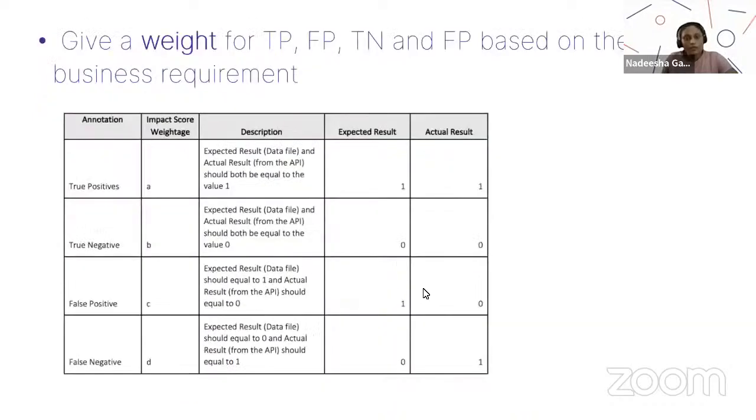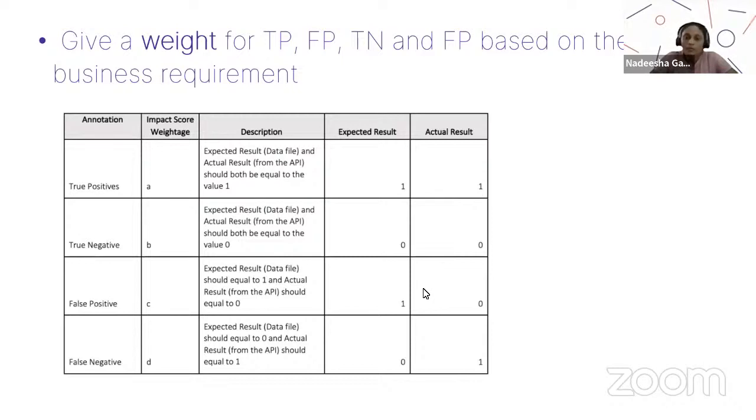I will tell you one way that we can do the analysis. When you look at this table, you can see how we can decide true positive and false positive based on the logic. For example, if the model identifies a defect as a defect, we can say that it's a true positive.